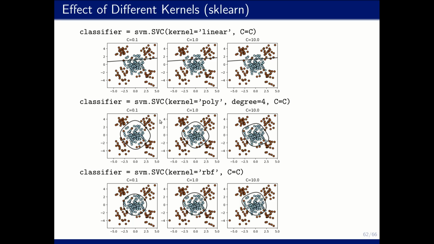So here's some example with some toy data. So the toy data is not linearly separable. So we have this blue class in the center and these red points around. And here we essentially see the fail case for linear SVMs. So when we train support vector machines, so this is from sklearn, we can plug in the linear kernel, and this gives us essentially this decision boundary.